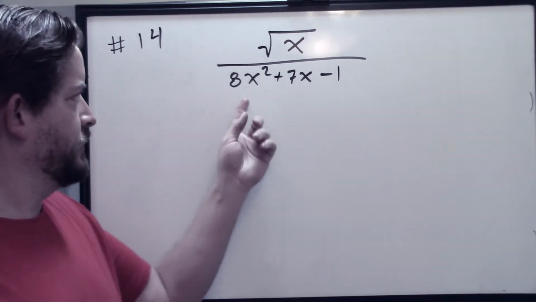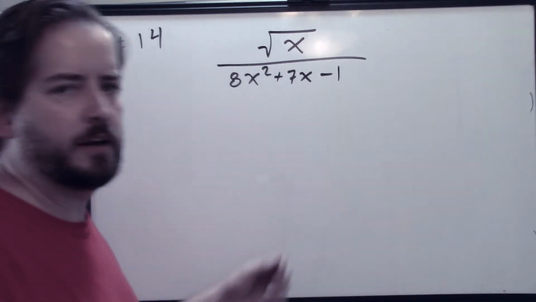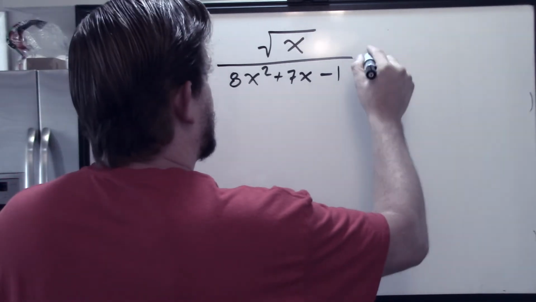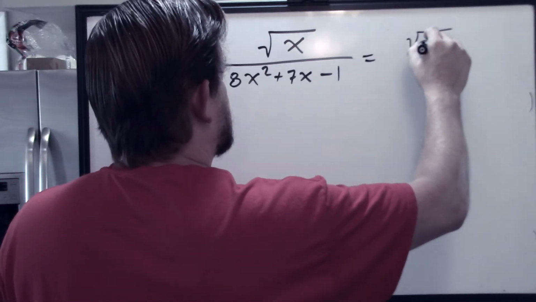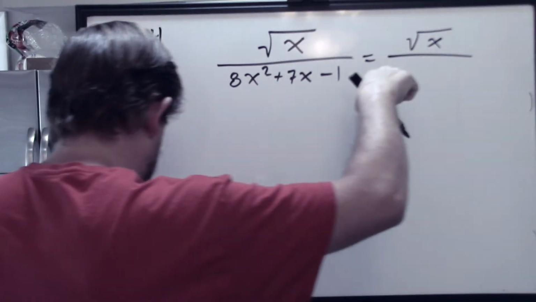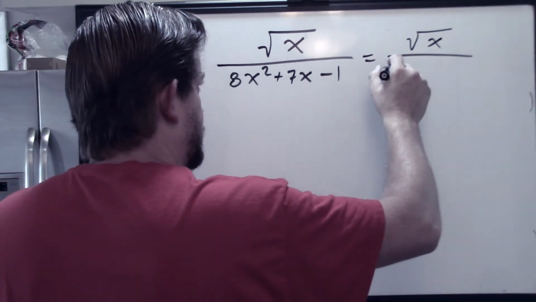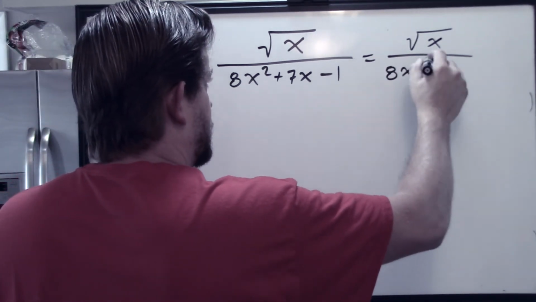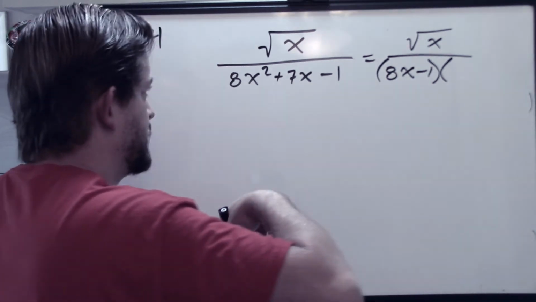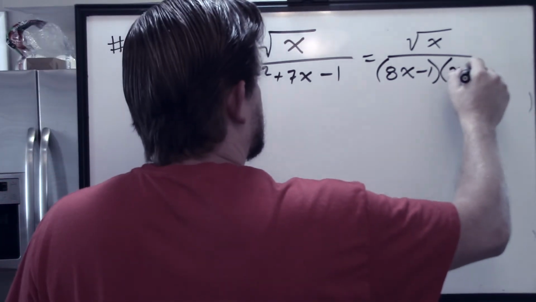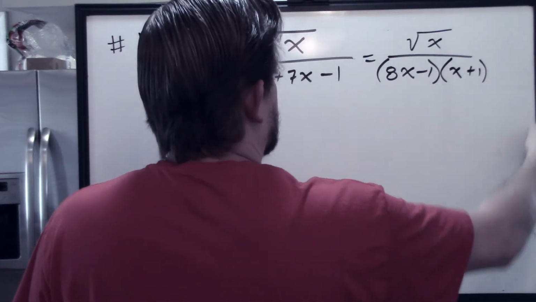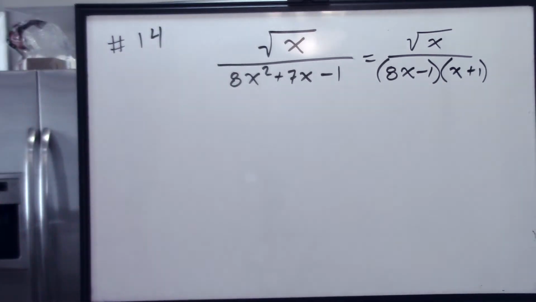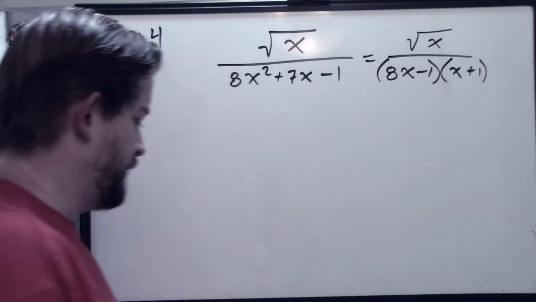And it's noteworthy to say that this denominator can be factored. I'm going to rewrite this as the square root of x over, and this factors to 8x minus 1 times x plus 1. Okay? All right.